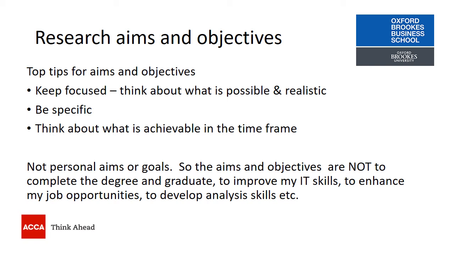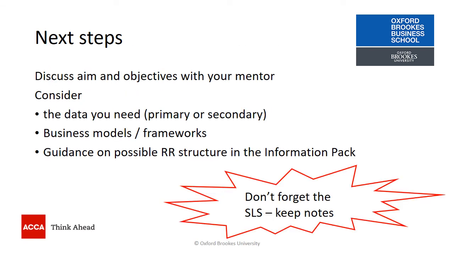So the aims and objectives are not to complete the degree and graduate, to improve your IT skills, to enhance your job opportunities, etc. This is about the aims and objectives of the research. When you're thinking about your personal goals, that's where you might be keeping reflections for your skills and learning statement.